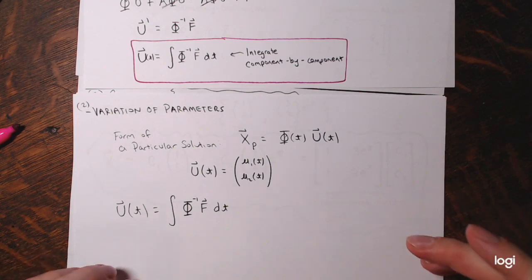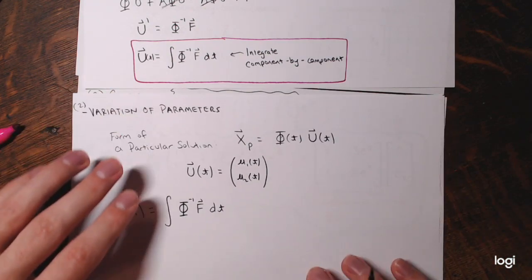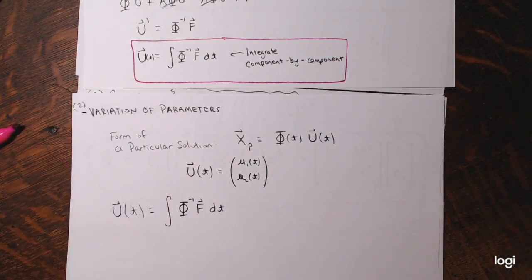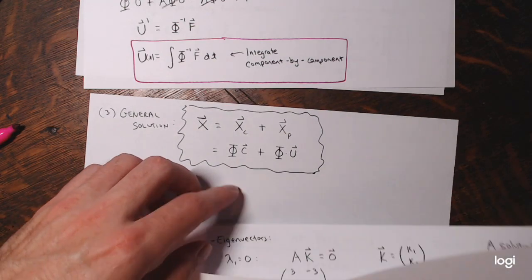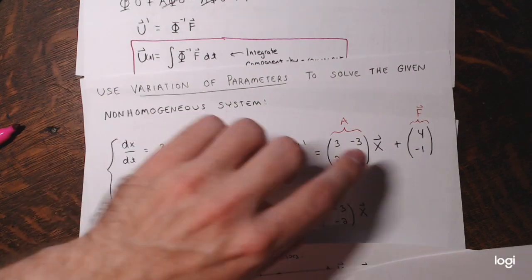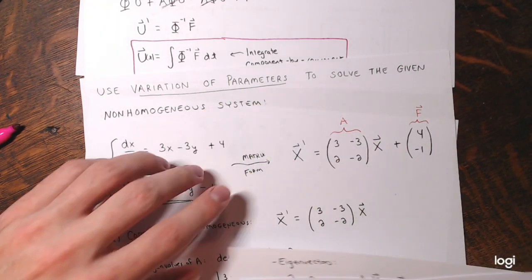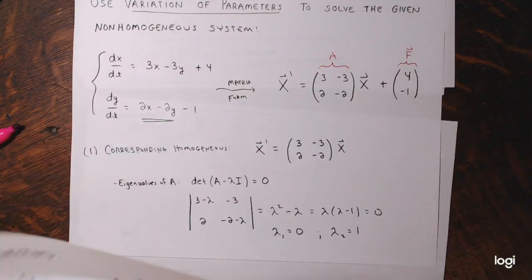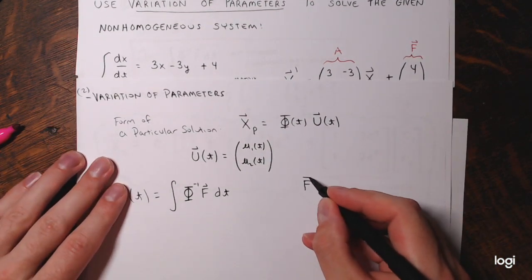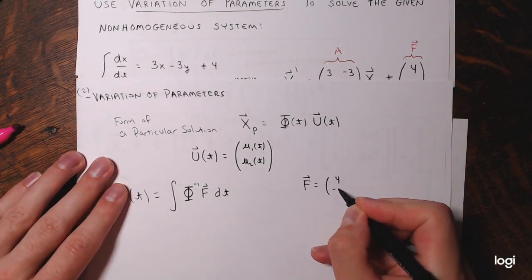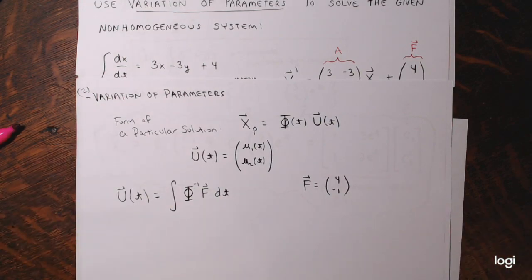Now going back to the very beginning of the problem, vector f was this vector with components 4, -1.